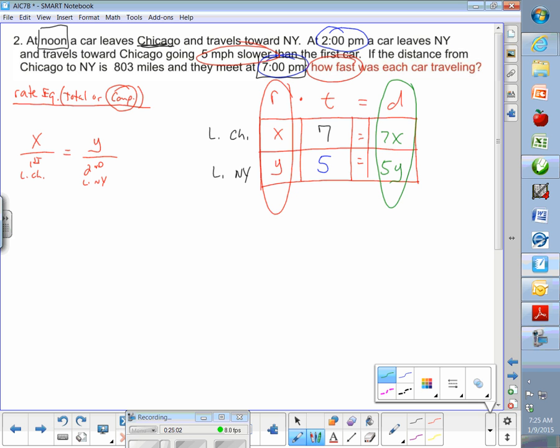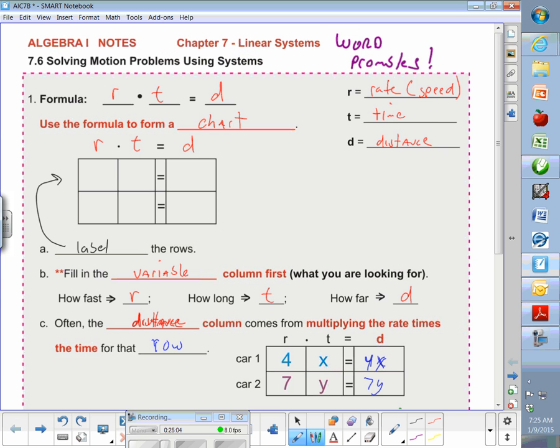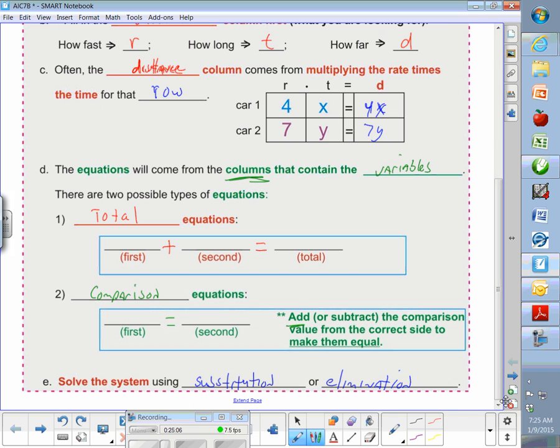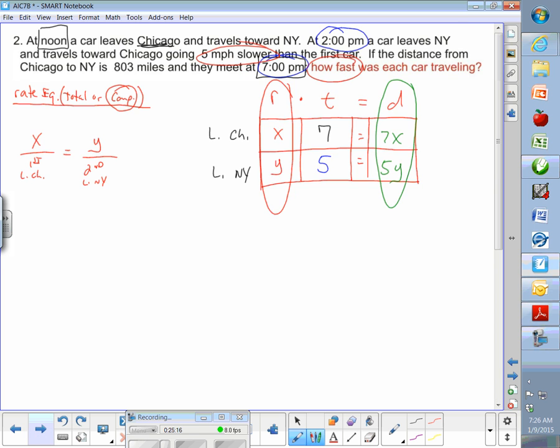Now I've got to deal with one other thing. Let me go back here a minute. If you look on the bottom of your first page, add or subtract the comparison value from the correct side to make them equal. See, the template says set the two equal, but now you have to use the comparison to make them equal.